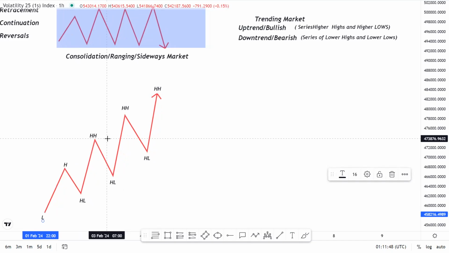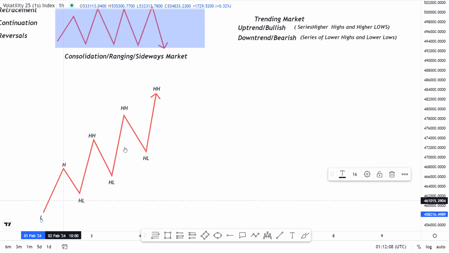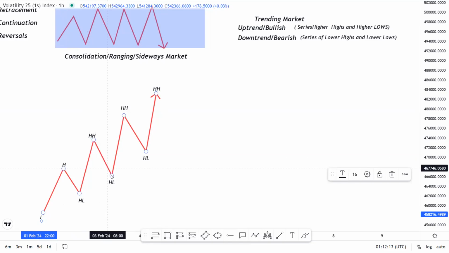So now what you have to understand is the movement against the overall trend. A sell movement against the overall buying movement is the retracement. So we have price temporarily selling off, a retracement.